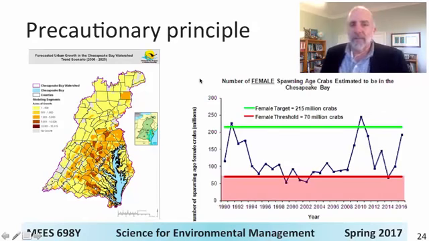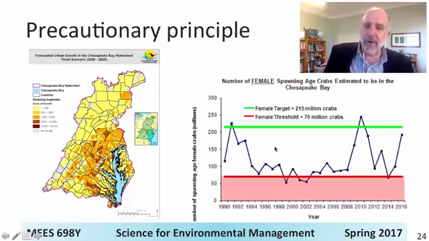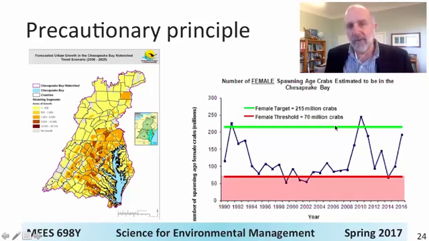I think one of the better examples of a precautionary principle was in the crab harvest. The crabs were going down, and they finally kind of said, "Oh, we better do something." So they set up some thresholds and targets for female crabs, and basically, Virginia, this is with O'Malley as the governor of Maryland, and Tim Kaine as the governor of Virginia, finally instituted good crab harvest levels so that the Virginia fishermen were not doing the winter dredge of the pregnant female crabs and leaving them to spawn rather than harvesting them.